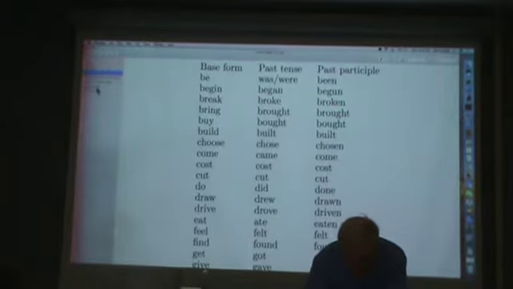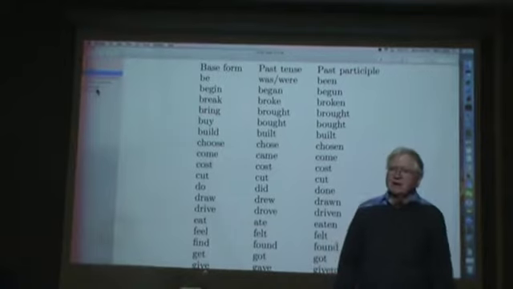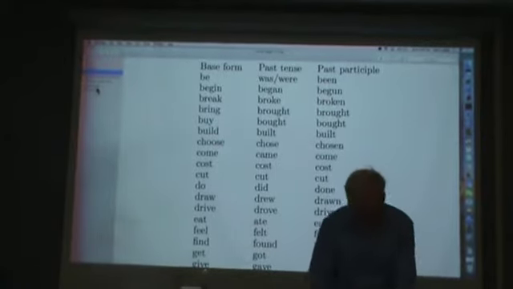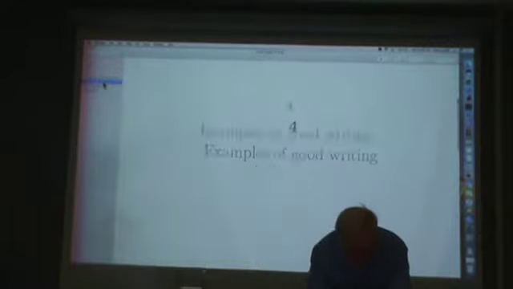Well, we can go to Glauber's example. Okay, so examples of good writing.